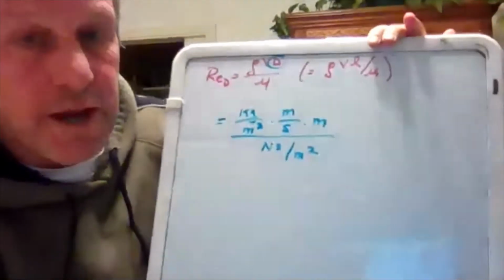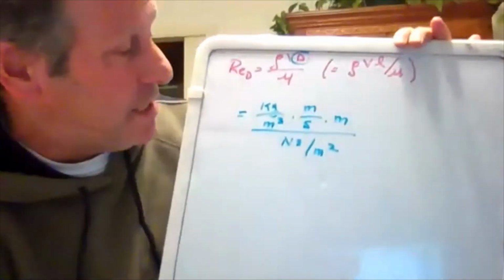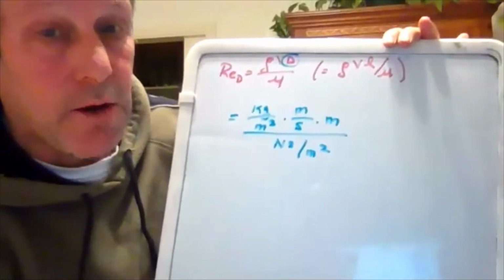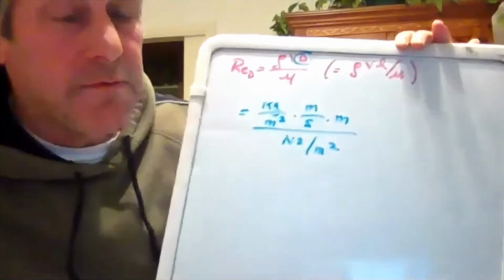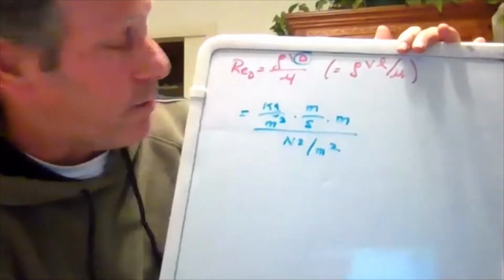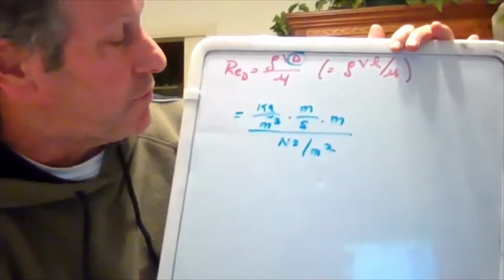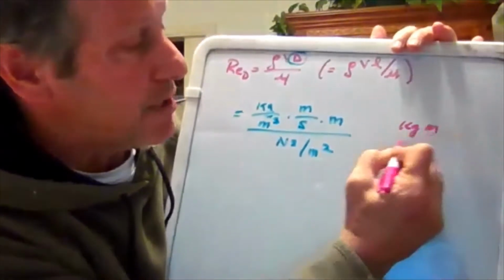All right, so there it is. That's a mouthful. We definitely want to see if we can simplify it and hopefully remember that with a lot of stuff related to viscosity, if we can find a Newton or if we can find a pound in there, that'll work out well. So let's see if we can go ahead and find a Newton somewhere in the denominator. Recalling that a Newton is a kilogram meter per second squared.